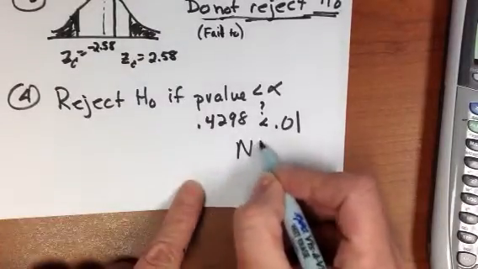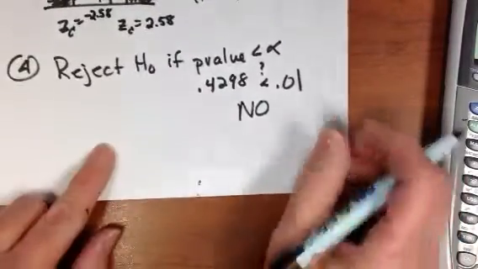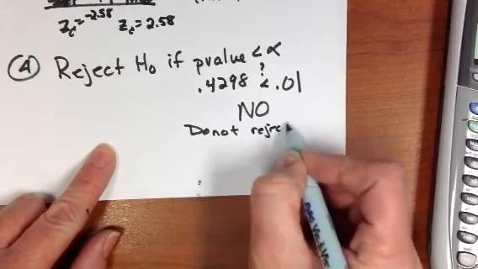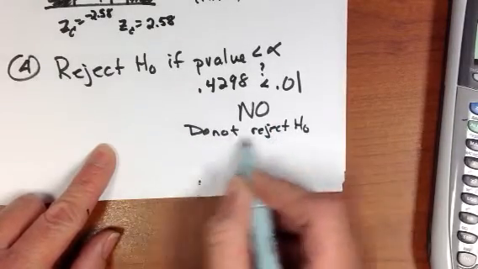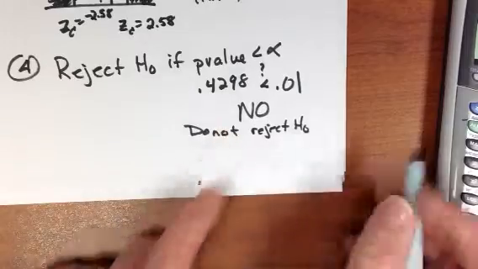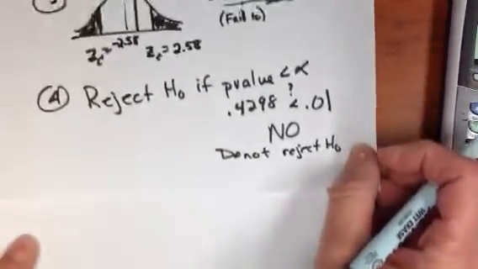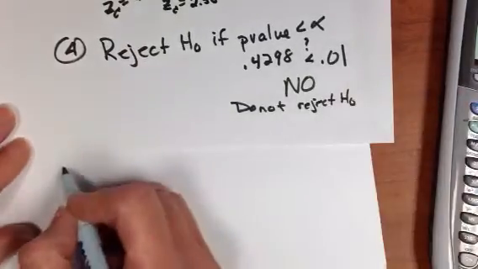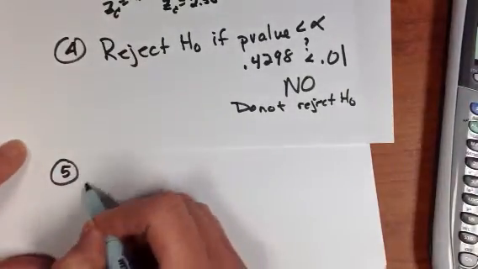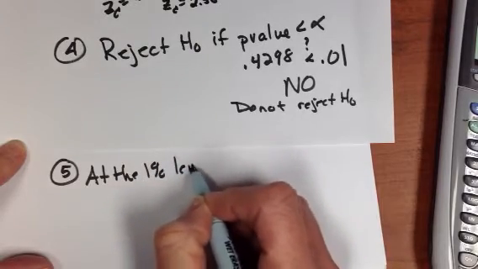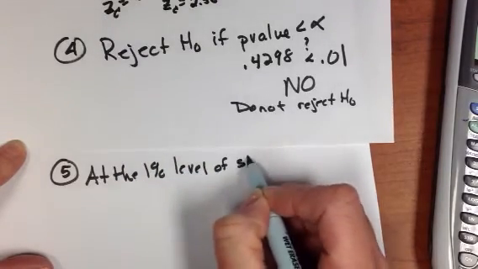Well, clearly no, right? So if the answer is no, we say do not reject H naught, or we could say fail to reject. Again, the reason I like to say do not reject H naught is when we do this part here, at the 1% level of significance.